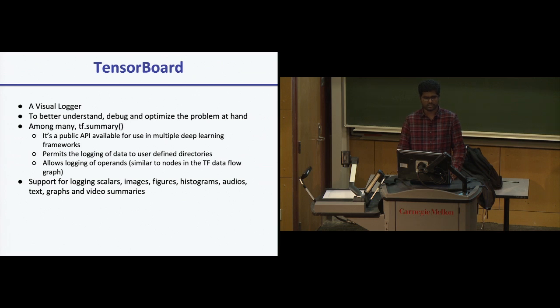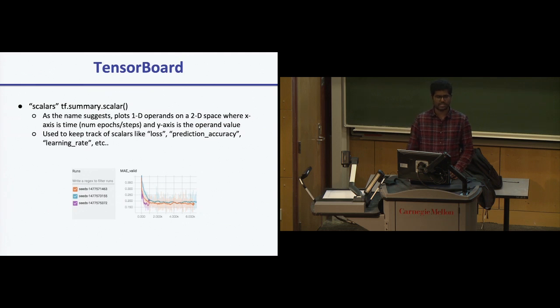But for other frameworks, you'd be using TensorBoardX, and the API available for PyTorch or Caffe and other frameworks is the SummaryWriter API from TensorBoardX. It allows you to log these values into a user-defined directory. You can choose where to log your events, and you can also log a lot of operands, images, audio, text, videos, and so on.